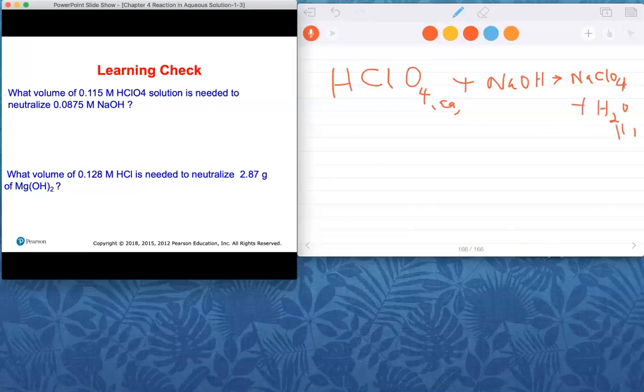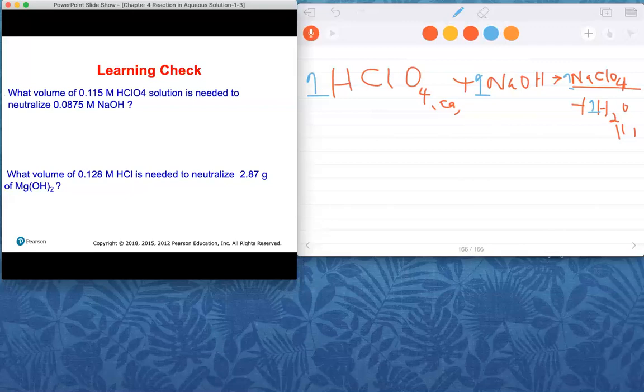This is liquid. This is acid-base neutralization, so it always produces liquid H2O and a salt, an ionic compound. We care less about the product so long as the equation is balanced. By inspection, the equation is balanced. It is 1 to 1 to 1 to 1.